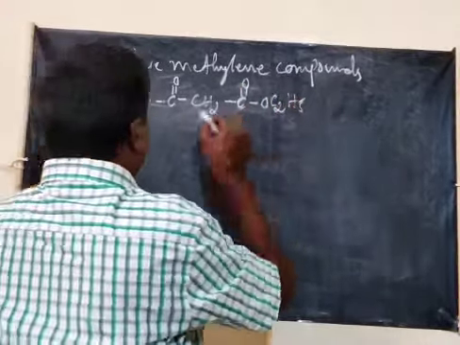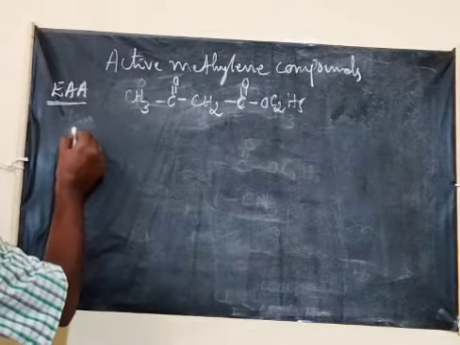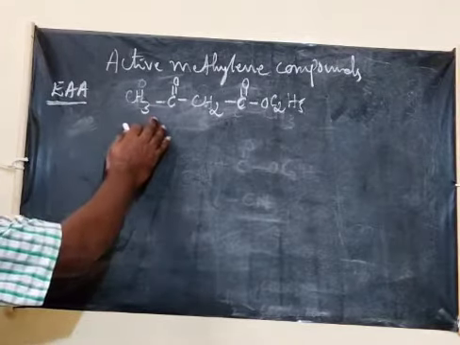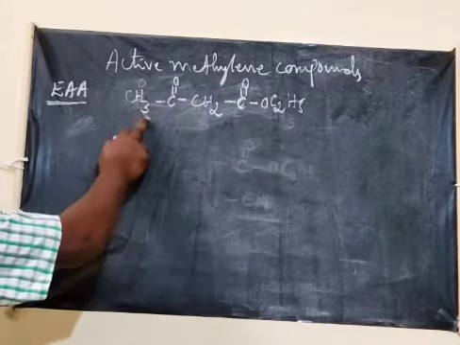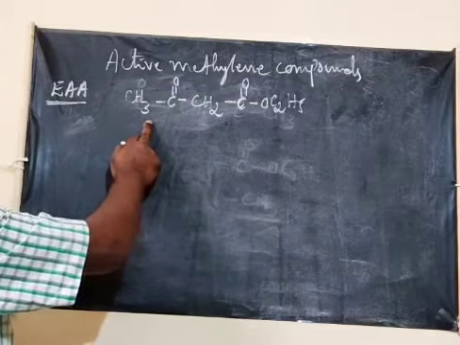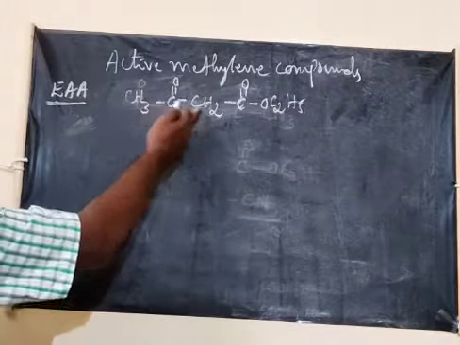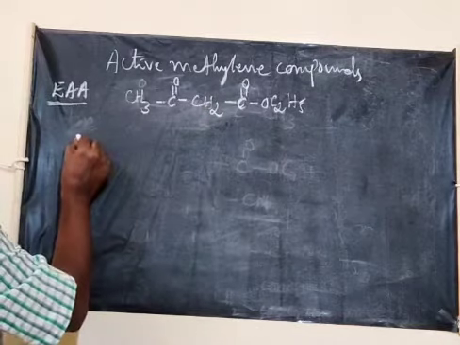This is called ethyl acetoacetate. It is prepared starting from ethyl acetate. When two moles of ethyl acetate are heated with sodium ethoxide, condensation takes place to form ethyl acetoacetate.